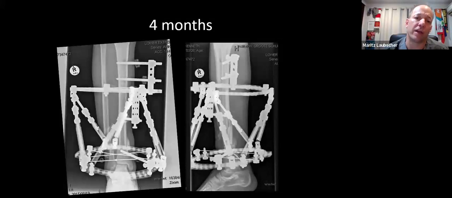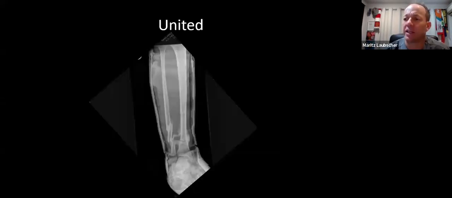And we converted the patient to a hexapod to fine-tune the position and achieve some compression, and it healed uneventfully. So, a very simple solution for what in essence is a 3-4 centimeter bone defect in the distal tibia with a soft tissue defect that heals reliably.